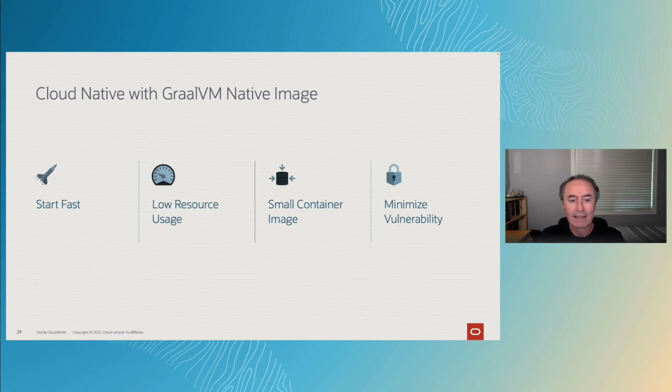Lower memory. We've seen that in a couple of cases. Those container images are small. We saw a container image for a full web server that was only 5.5 meg, which is kind of astounding. And you saw we were able to use container images like, at the most extreme, Scratch, and from there we could use Distroless, or something else, to minimize your vulnerabilities, right? Remove stuff you don't need, take out those attack vectors so your application is more secure.